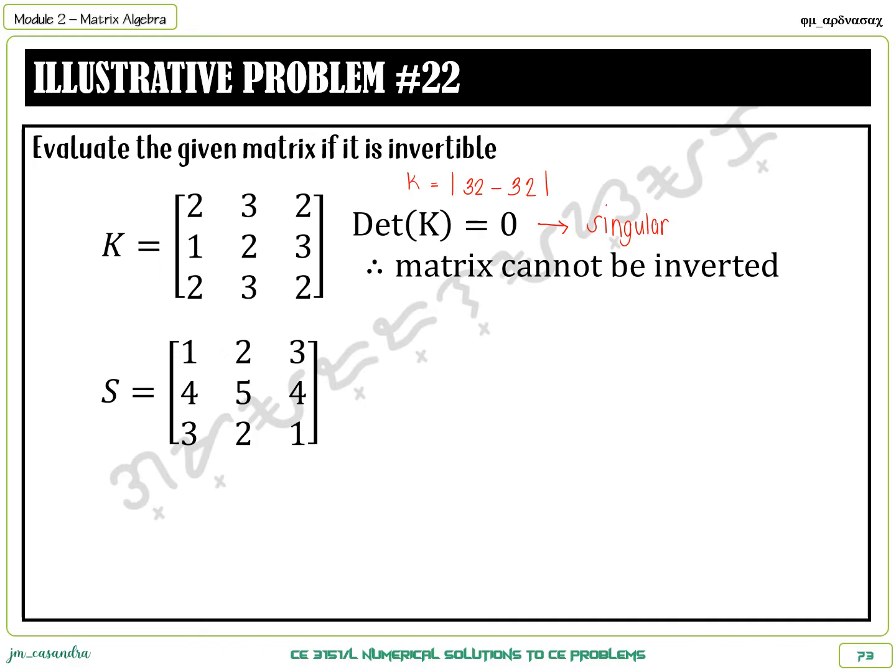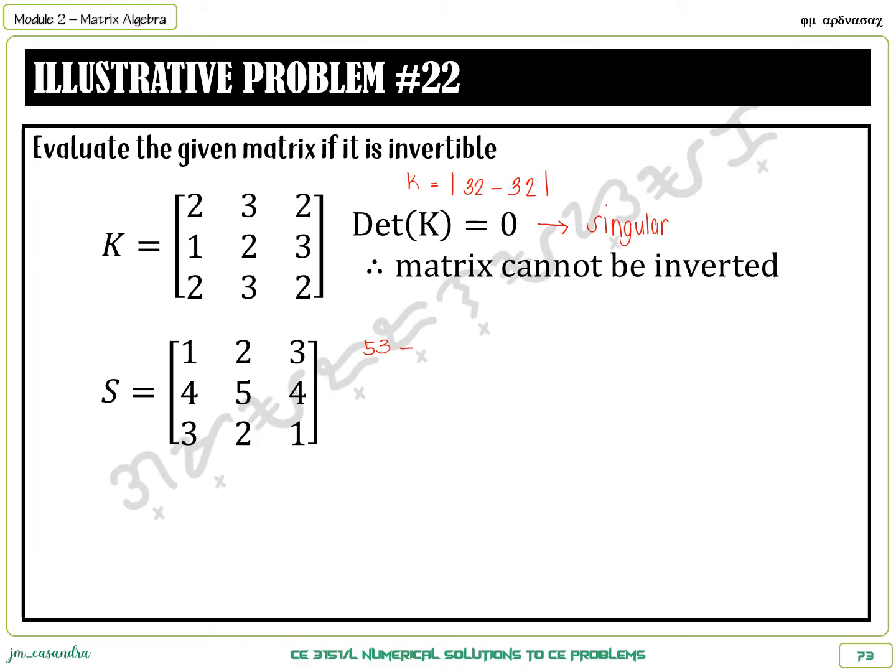We have another matrix S, which is also a 3 by 3 matrix. To determine if it's invertible, let us solve for its determinant. We have 1 times 5 times 1 plus 2 times 4 times 3 plus 3 times 4 times 2. That is 53.